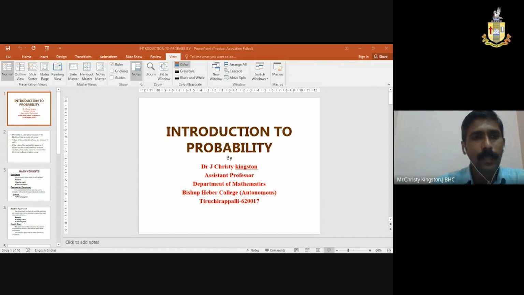In this experiment, there are two types. The first one is the deterministic experiment, and the second one is the random experiment. What is deterministic? Deterministic means we know the value or the outcome in advance.